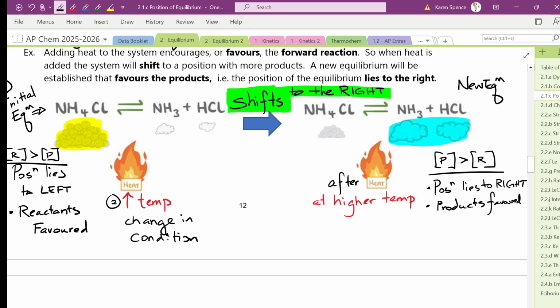So 1, we have our initial equilibrium. 2, we change the conditions. 3, the thing shifts to the right. And 4, we end up at a new equilibrium. What has to be true of the 2 rates during the shift?